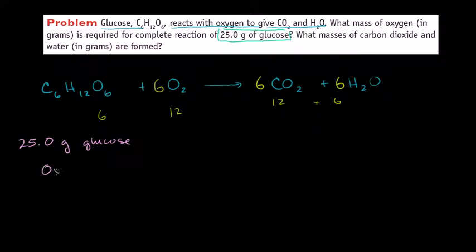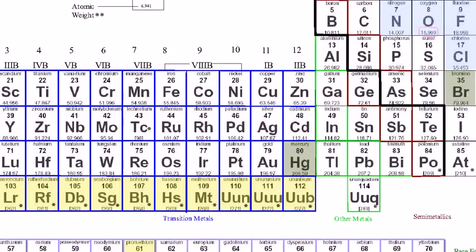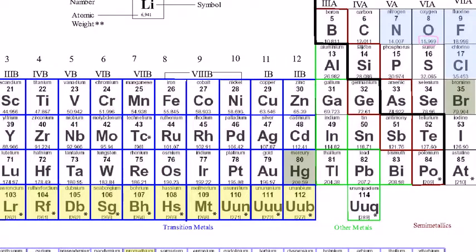So oxygen is 15.999. And we're going to have to figure out carbon and hydrogen. Let's go back to the periodic table. Carbon has an atomic weight of 12.011.